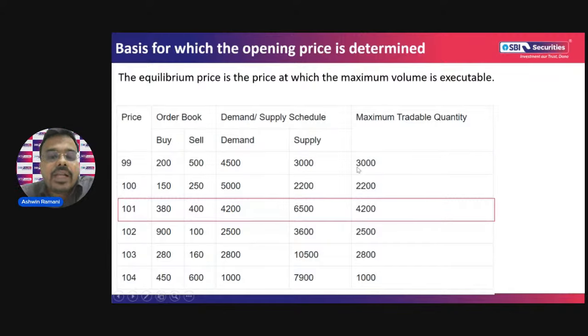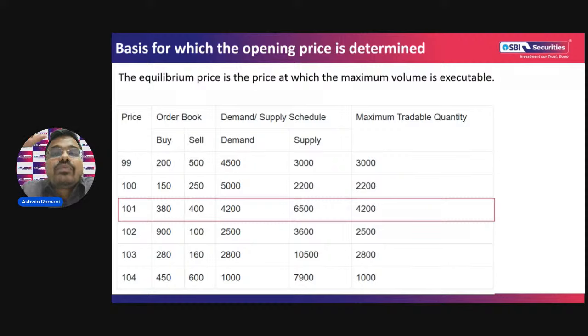in the example. Can you tell me from this chart which is the price where maximum tradable quantity is possible at what price? Is it 99, 100, 101, 102, 103 और 104? ऐसा कौन सा प्राइस है जहां पे मैक्सिमम ट्रेडेबल क्वांटिटी पॉसिबल है? In this particular chart that you see on the screen, that is your opening price.